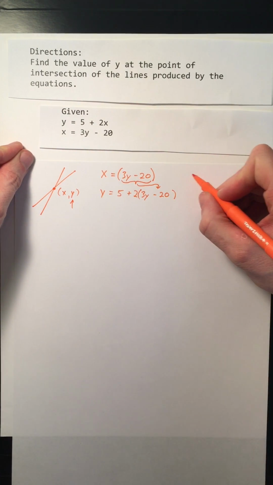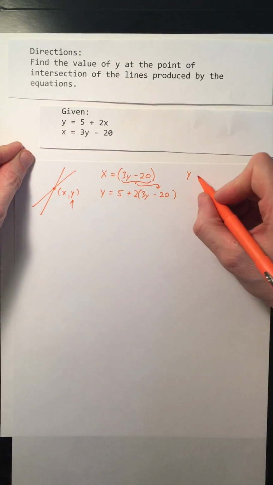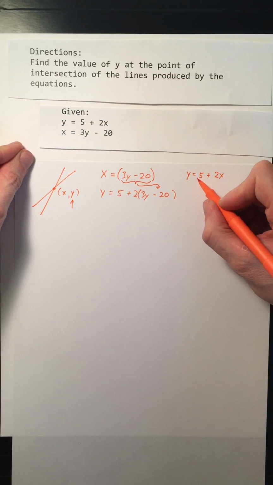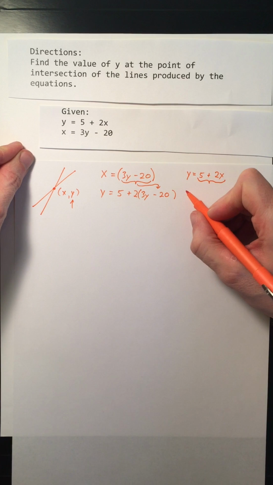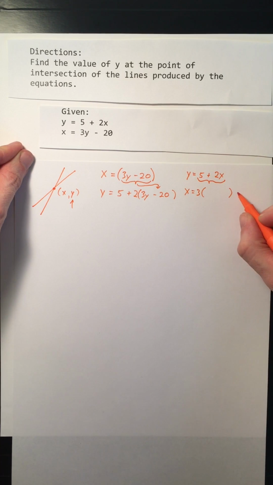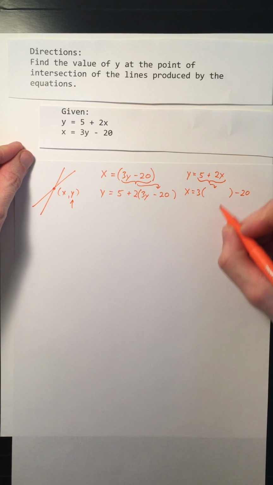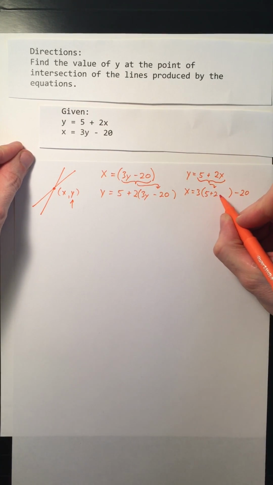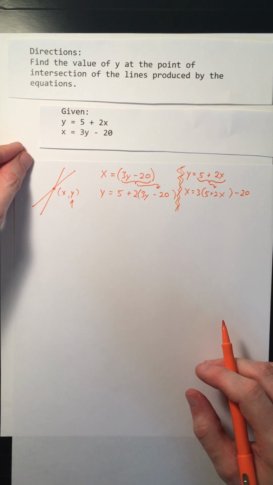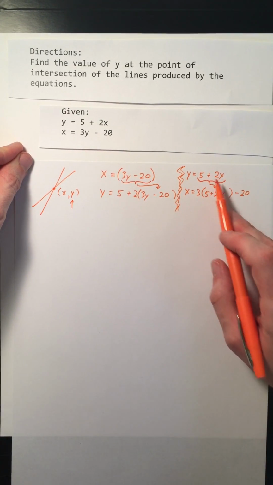For example, I could have started with this equation, y equals 5 plus 2x, and I could have taken this stuff and substituted it in for the y in the other equation. Okay, so these are two different ways that I could do this first step of substitution. I could substitute this stuff in for x, or I could substitute this stuff in for y.